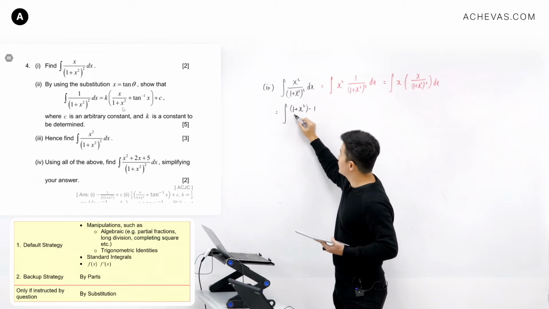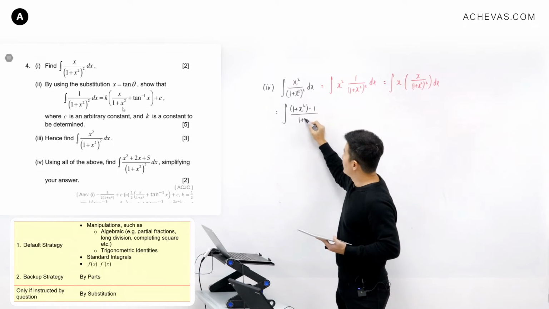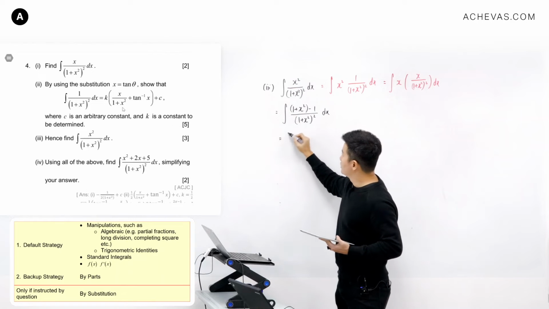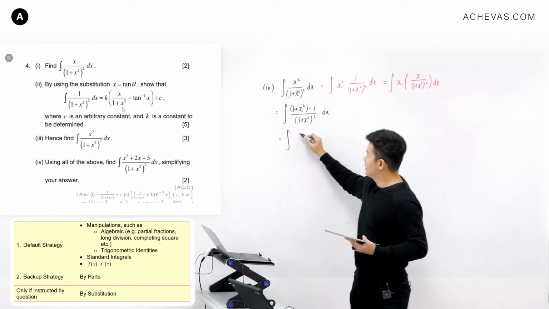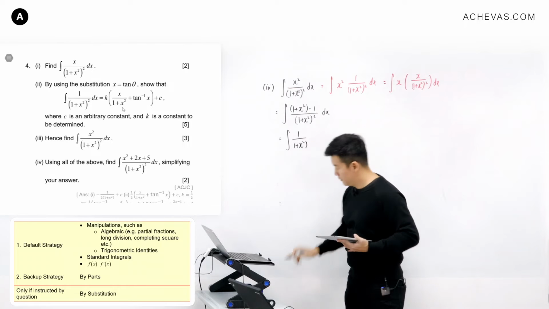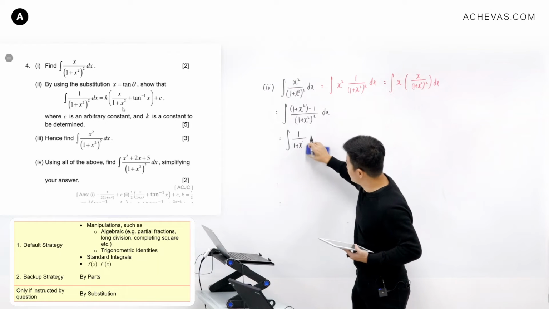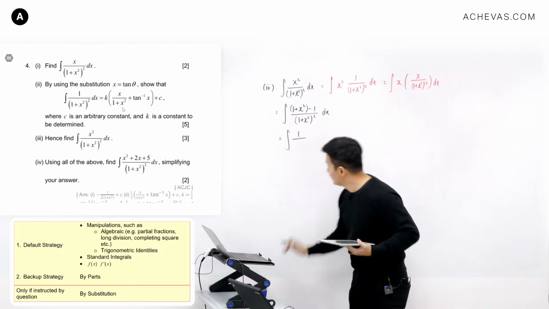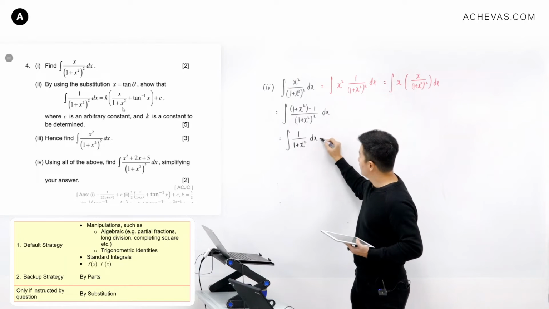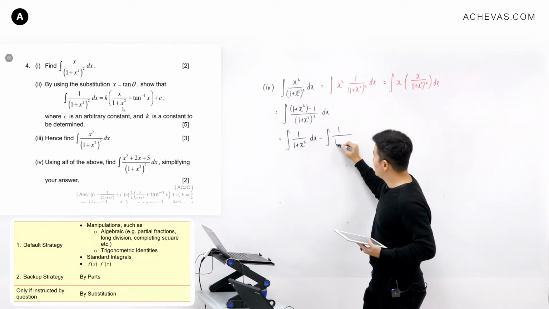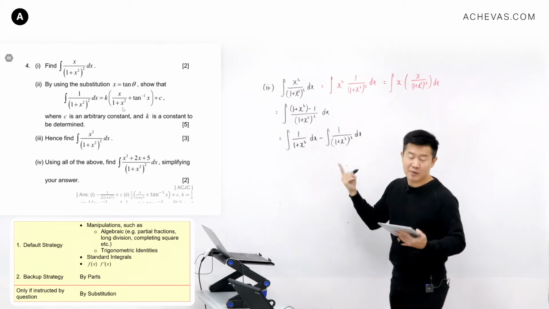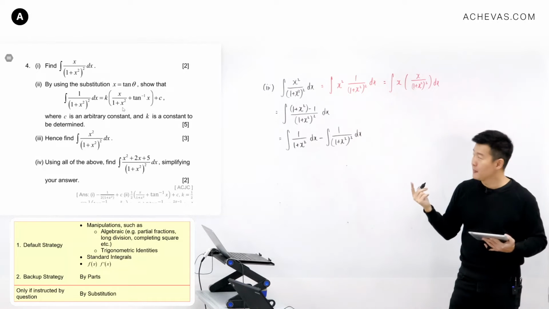And I'm going to make this into a term by itself, divided by 1 plus x squared dx. If I take this divided by this, I'm going to be left with a 1 over 1 plus x squared, without the square. If I take this divided by this, it is just going to be this. Then we will have a 1 over 1 plus x squared, which I can then make use of the result from part 2.